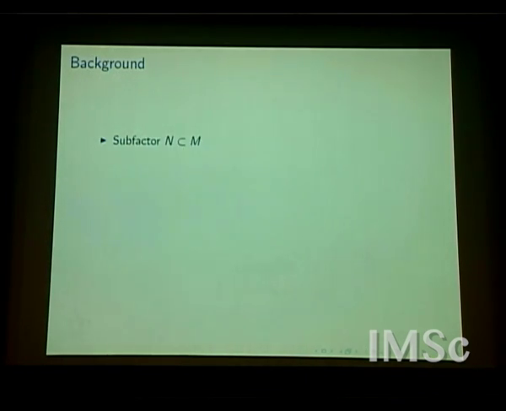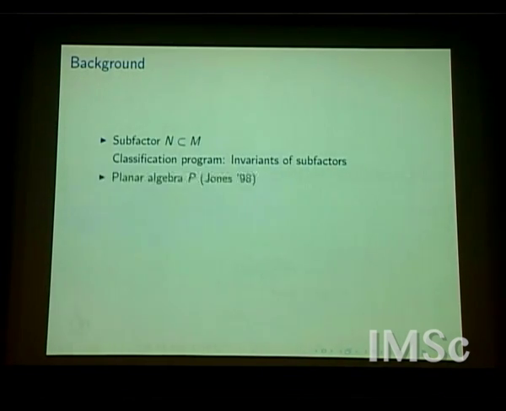N in M is a subfactor, meaning a II_1 factor N and a II_1 factor M, with a unital inclusion. And as in any branch of mathematics, there is an ongoing classification program of subfactors. In order to classify subfactors, you need invariants. We will talk about a particular invariant, the planar algebra, given by Vaughan Jones in 98.